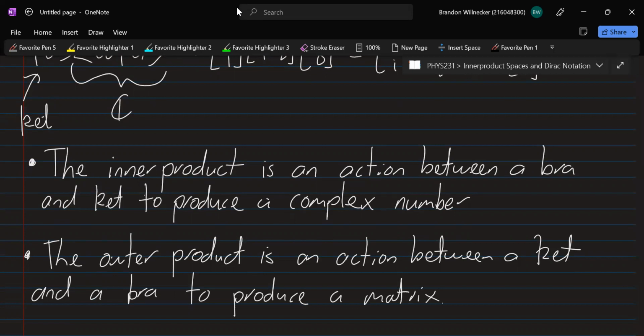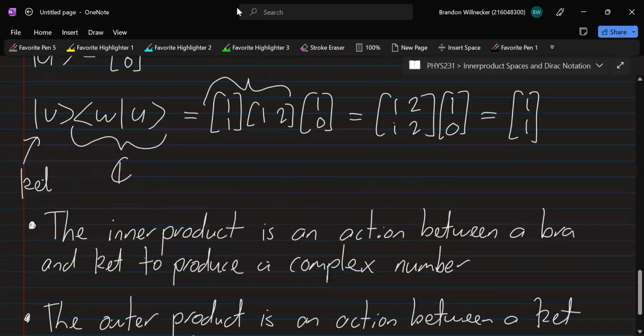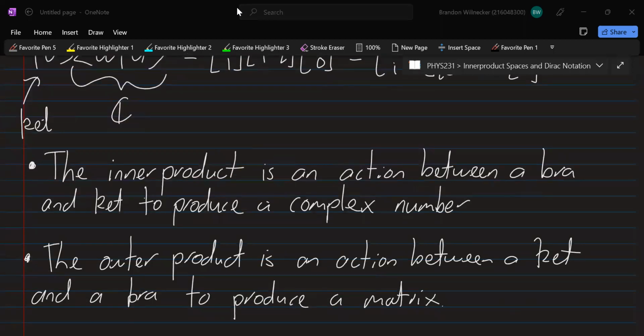Okay, so they are quite different. Just by swapping the order of the bra and the ket, we get these two different operations.